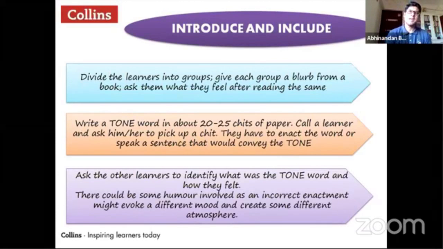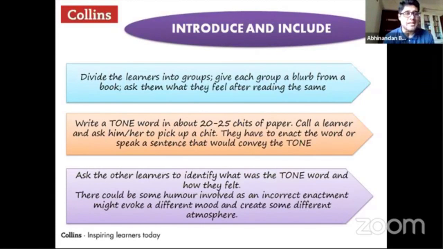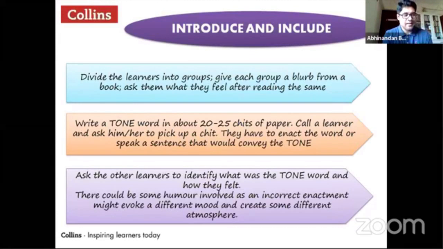In this way, you are also encouraging the children to write, because when they see their own work being taken up in a class as an assignment or worksheet, that's a really profound joy that they experience, and they're encouraged. That also encourages them to write further and read further, because the moment you tell them this has been written by one of our learners and one of our friends, each one is doubly interested to read who has written what.